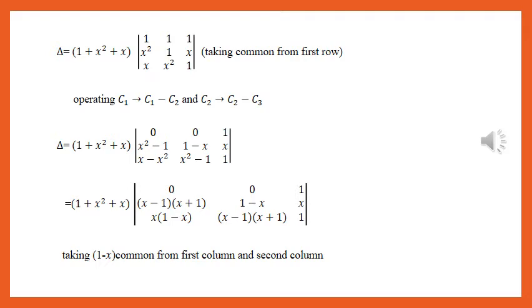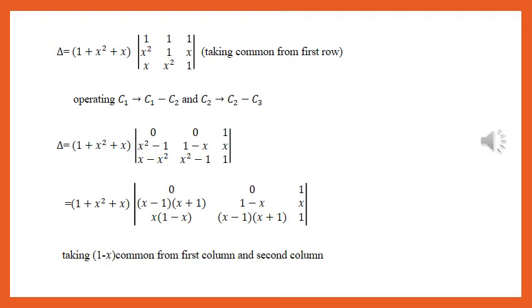So we are getting delta is equal to (1 + x + x²) times the determinant with first column 0, x² − 1, x − x², second column 0, 1 − x², x² − 1, and third column as it is, 1 x 1. Now again look, there is hope for factorization.